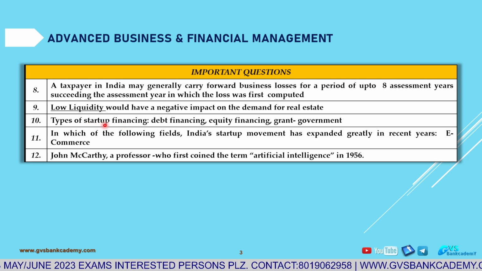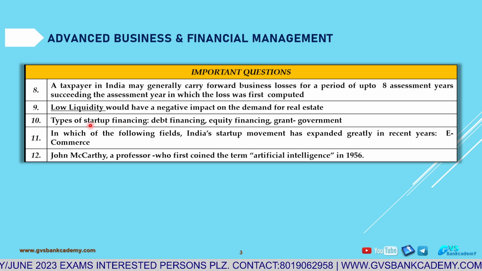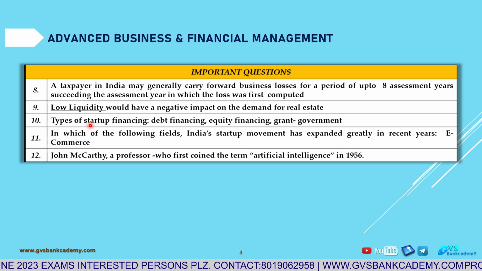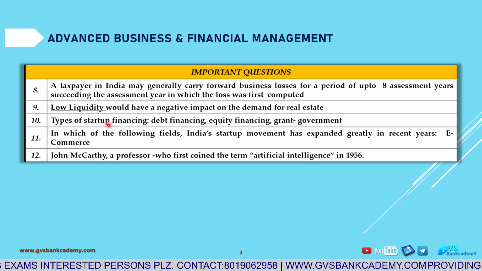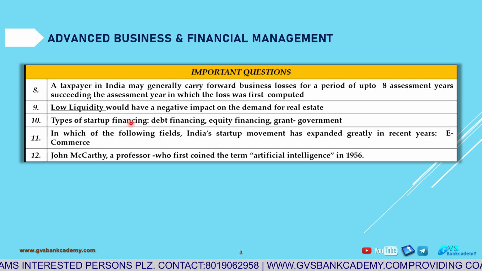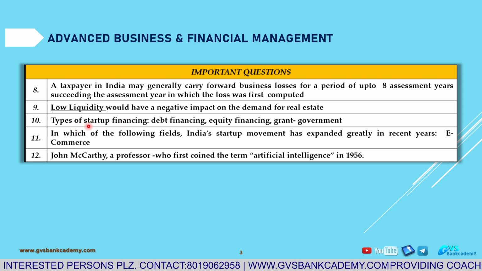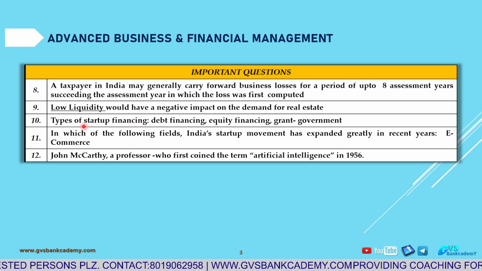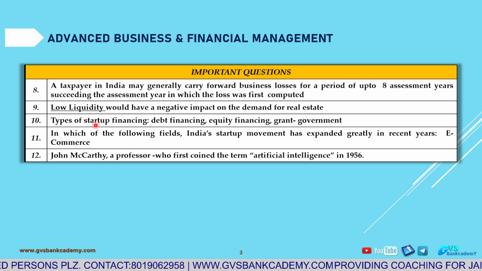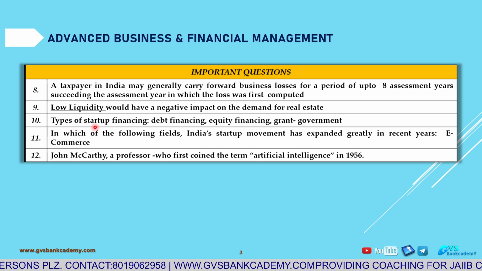What is a startup unit? From the date of registration up to 10 years, in any one financial year, turnover not exceeding 100 crores, that can be treated as a startup unit.